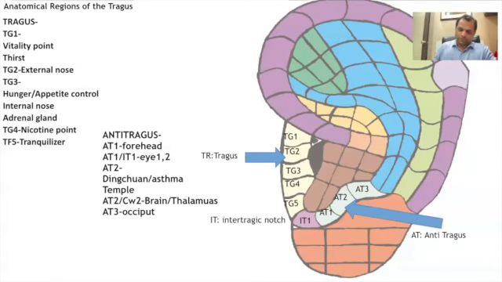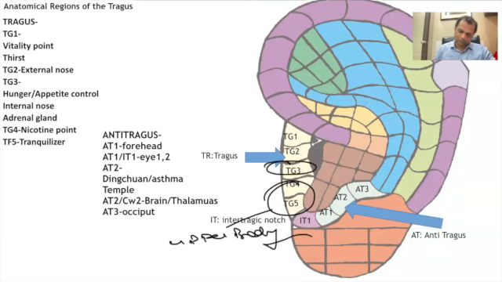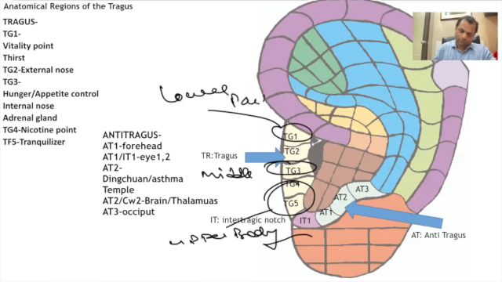So we can divide the tragus into three parts: the upper part of the body, the middle part of the body, and the lower part of the body.